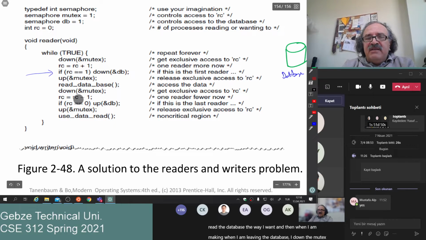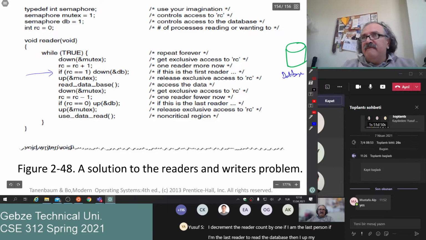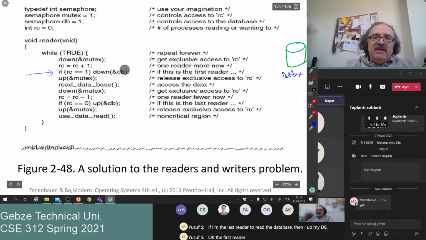I decrement the reader count by 1. If I am the last reader to read the database, then I up my DB.